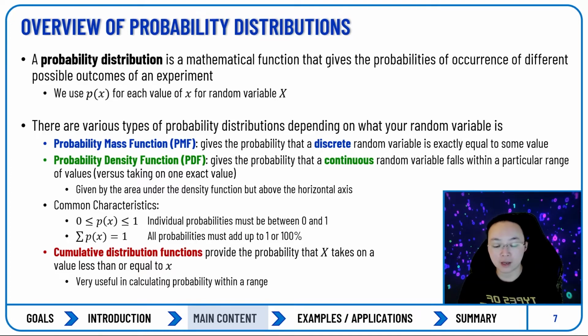If I want to calculate the probability of an event taking place between A and B, then I am going to calculate the CDF of B, which gives me the area from -infinity to B, and I'm going to subtract the probability of -infinity up to A, and that gives me the probability between A and B. So that's when the CDF comes in handy.